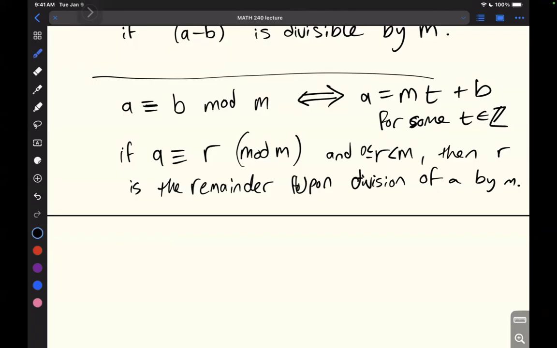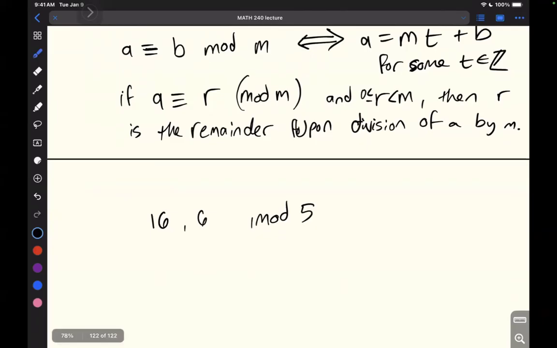So let's look at 16 and 6 mod 5. If we have 16 divided by 5 is 3, remainder 1. 1 plus 5 is indeed 6.